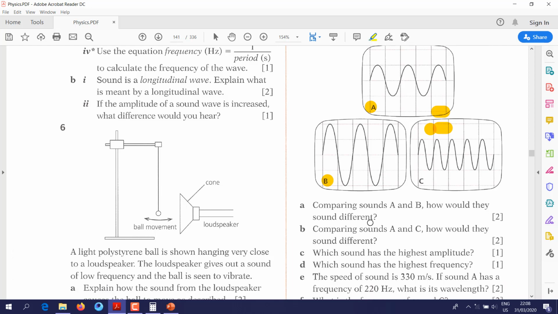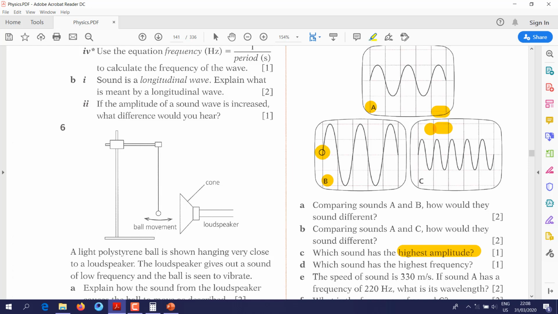Now C, it says which sound has the highest amplitude. How do we determine which one has the highest amplitude? What's the definition of amplitude? We say it's the maximum point that the wave reaches from the resting point.